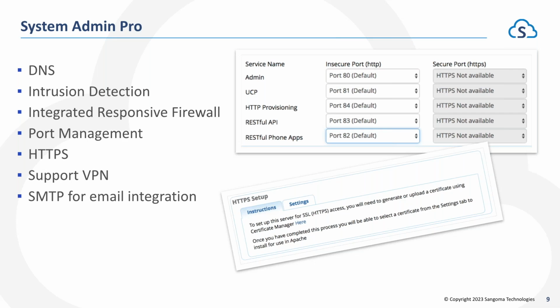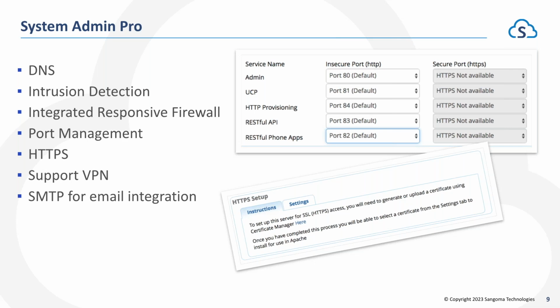It's going to provide you with the ability to configure your DNS and get you access to setting up and managing your intrusion detection and our integrated responsive firewall. It provides you with port management, including exposure of additional provisioning protocols for HTTP and HTTPS. And then it's also going to enable you to turn on a support VPN.